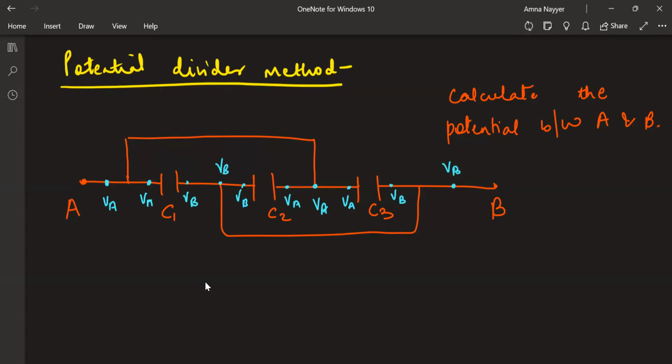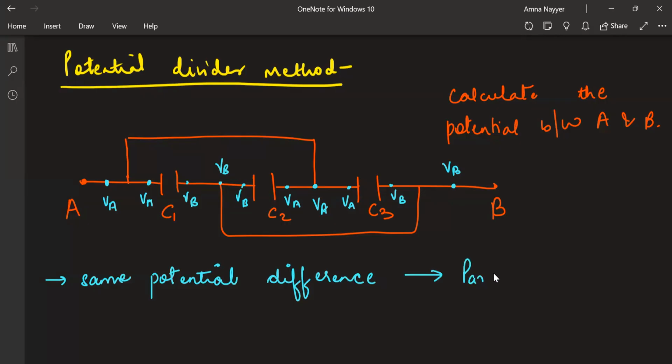Now we have studied wherever we have the same potential difference, we can say the devices are connected in parallel.